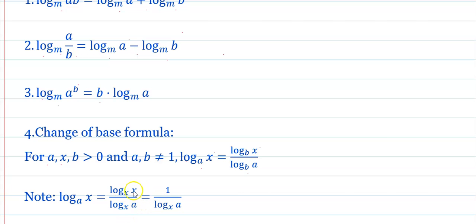But what is the value of log of x to the base x? If both are the same, its value is 1, and therefore log of x to the base a is equal to 1 upon log of a to the base x. See this here, log of m to the base n can be written as log of m to the base n in this way.